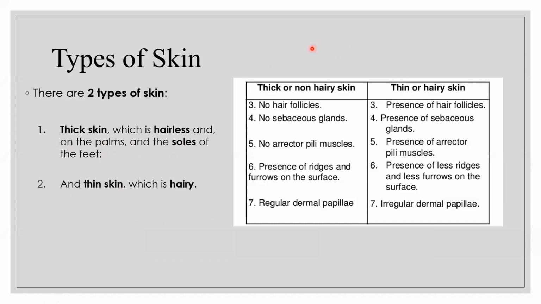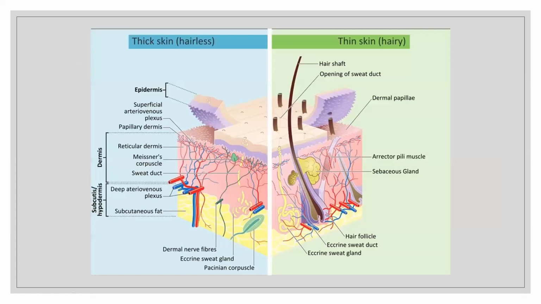These are the differences between thick or non-hairy skin and thin or hairy skin. The thick skin is hairless. This is the epidermis layer, followed by the dermis.